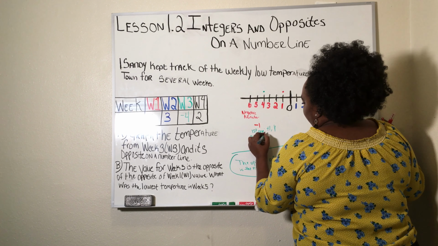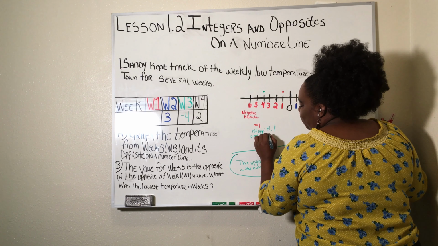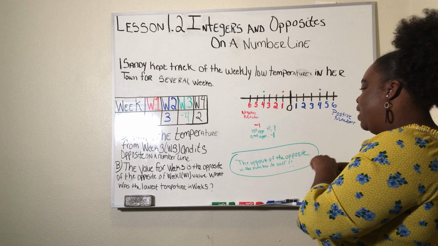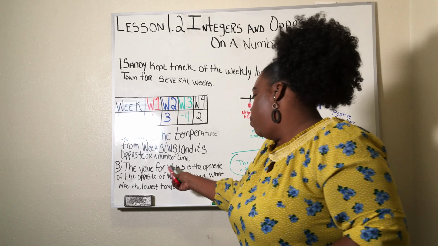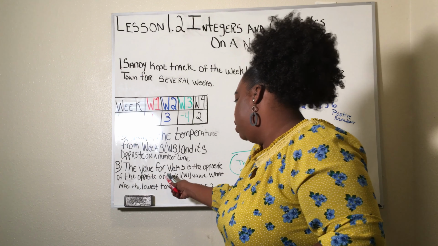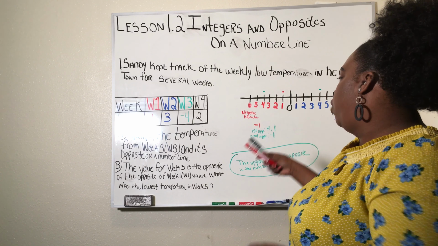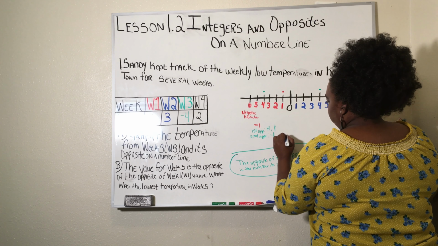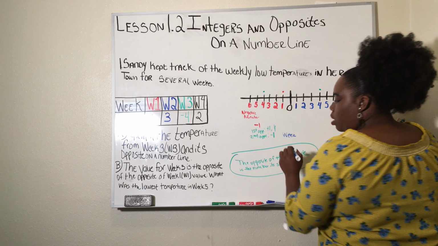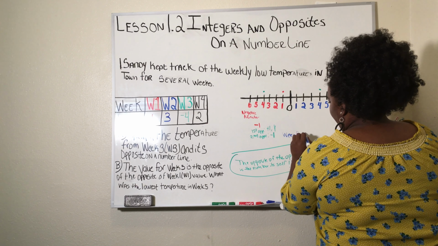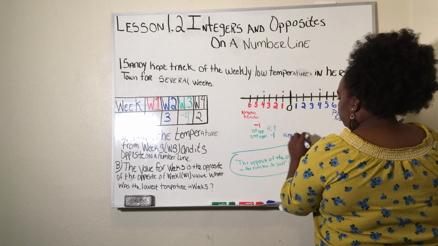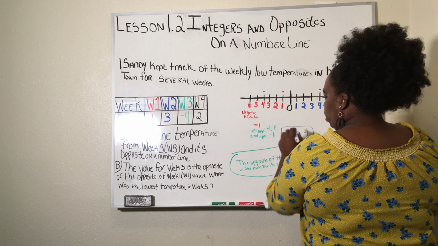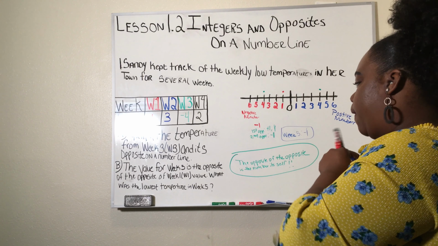And the opposite of the opposite of -1 is -1. So the value for week 5 is the opposite of the week 1 value. Week 5 is -1, that's the value for week 5.